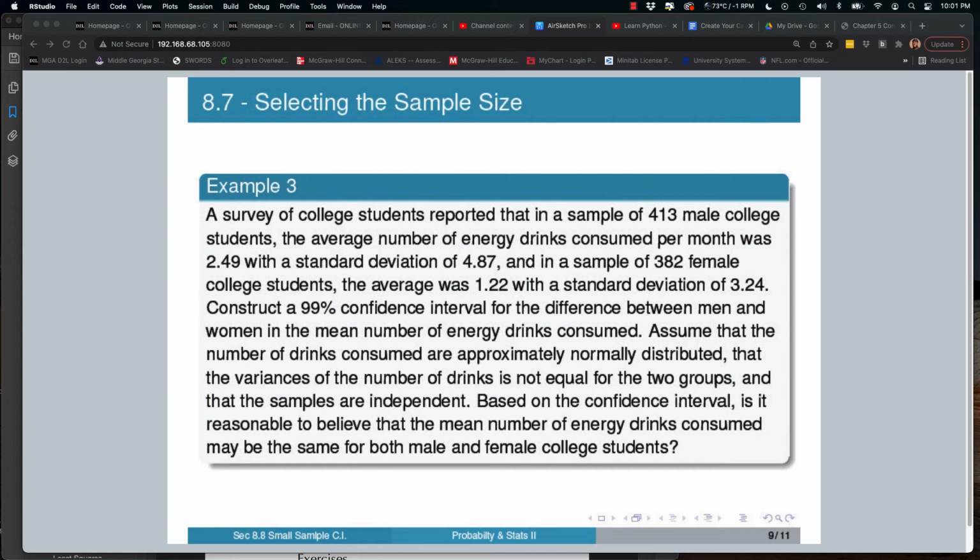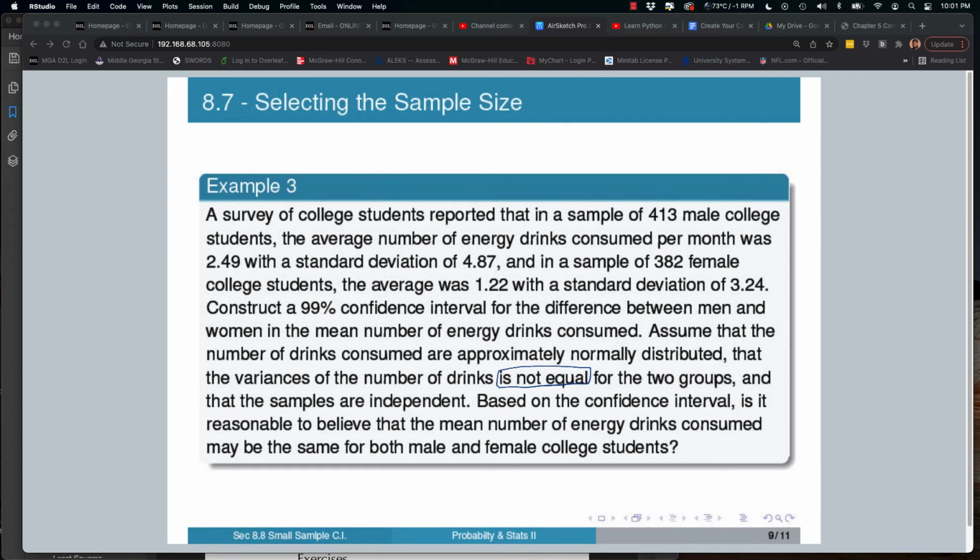Construct a 99% confidence interval for the difference between men and women in the mean number of energy drinks consumed. Assume that the number of drinks consumed are approximately normally distributed, that the variances of the number of drinks is not equal for the two groups, and that the samples are independent. Based on the confidence interval, is it reasonable to believe that the mean number of energy drinks consumed may be the same for both male and female college students?